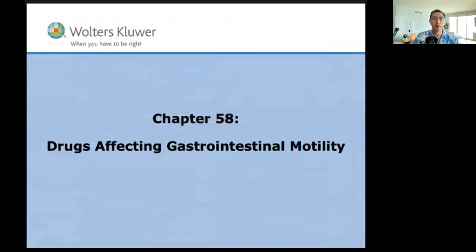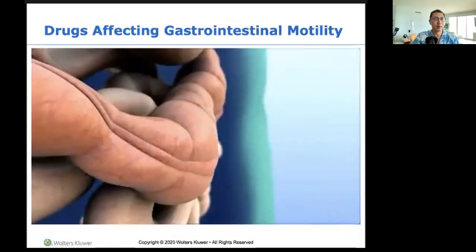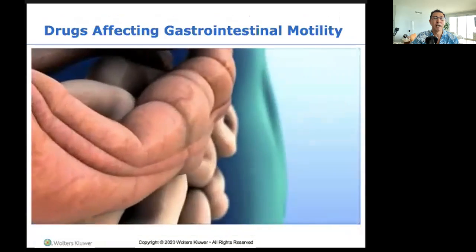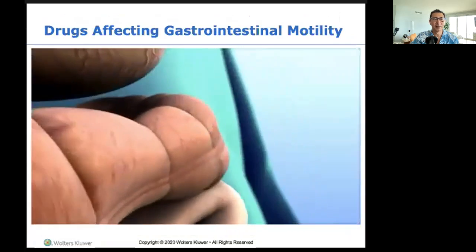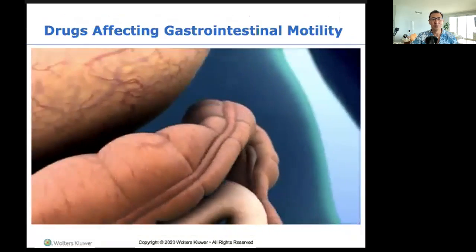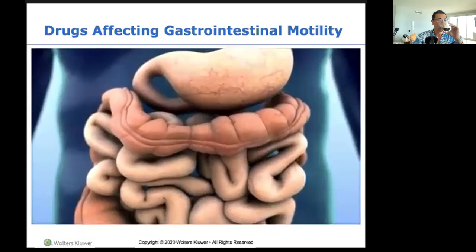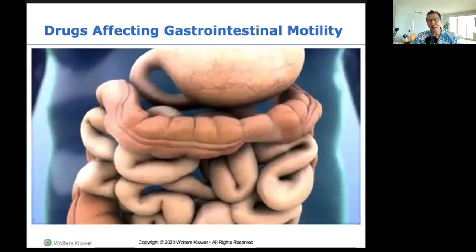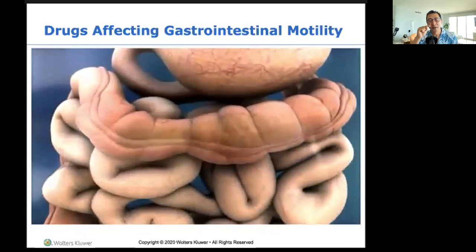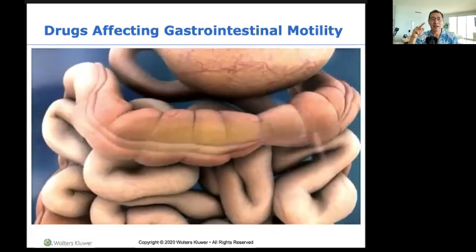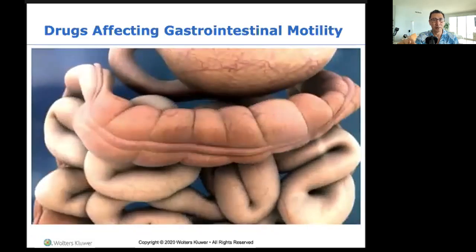All right, let's talk about GI motility. I want to move some poop. I'm constipated. I've got to move my poop. Coffee helps, but I need some help moving this poop through my GI tract down to the anus into the toilet bowl.